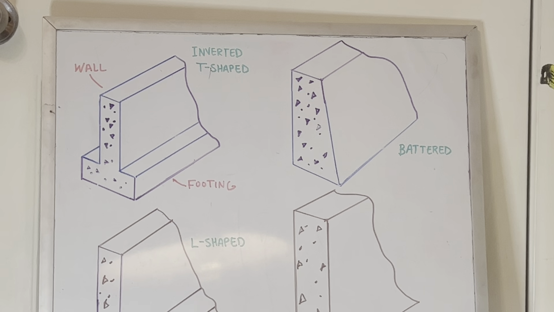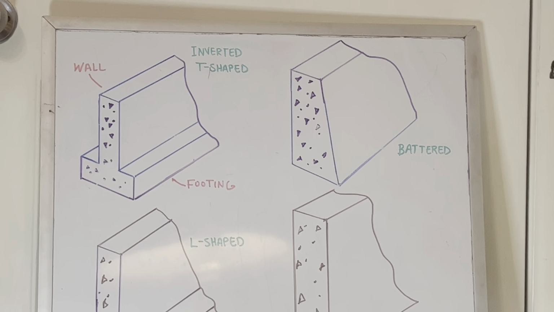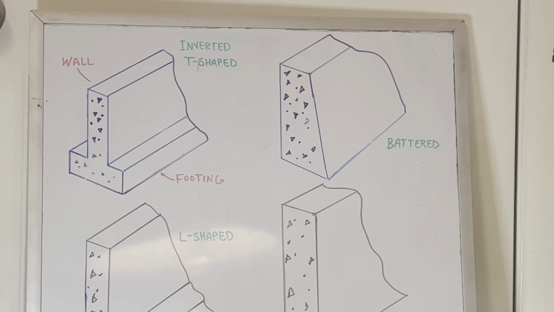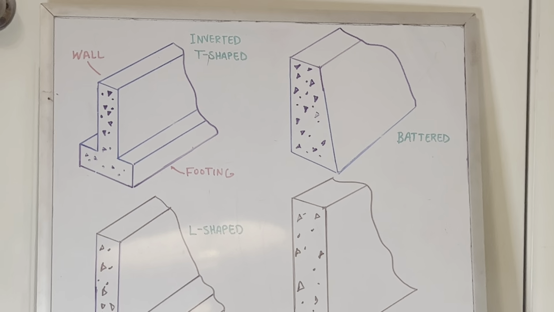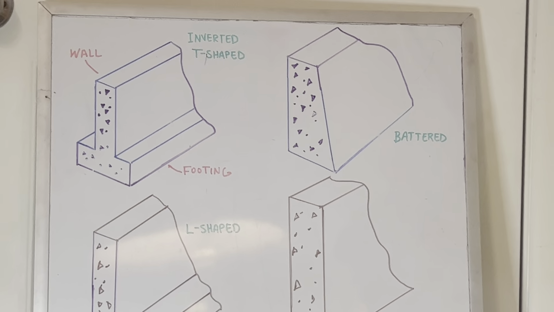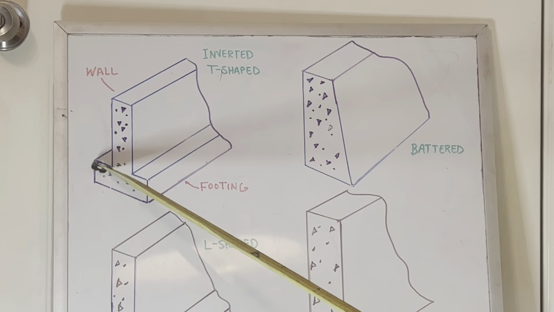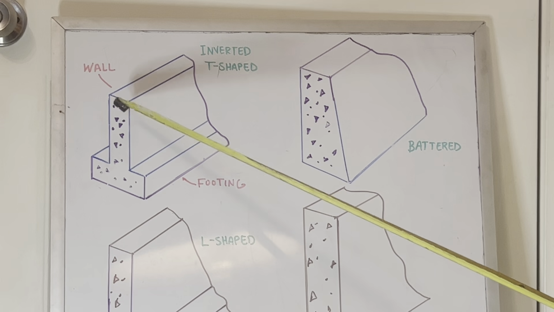Footings rest directly on the soil and act as a base for foundation walls. In most foundation designs, footings serve to distribute the weight of the building over a wider soil area. So if you look at this wall right here, just remove this footing.